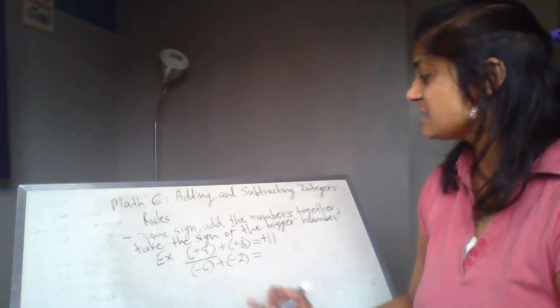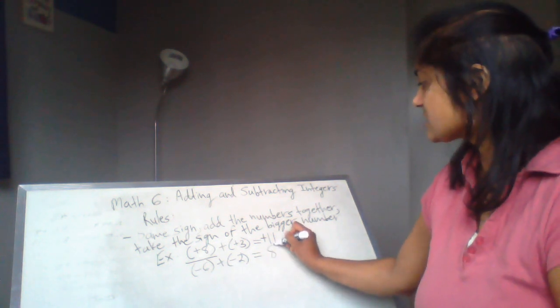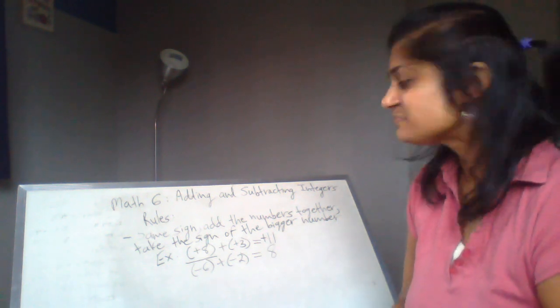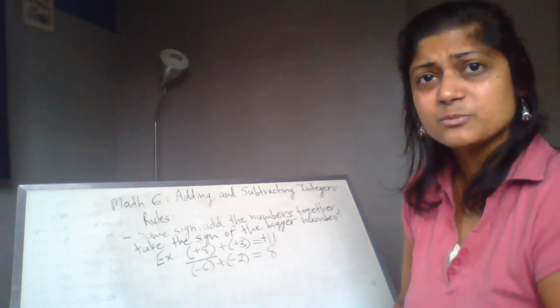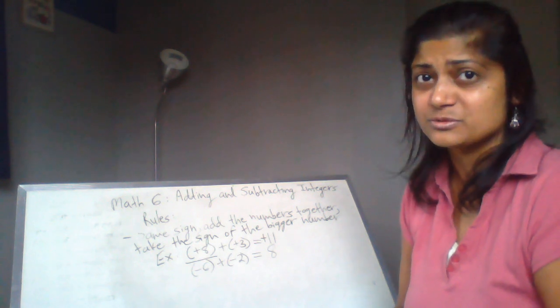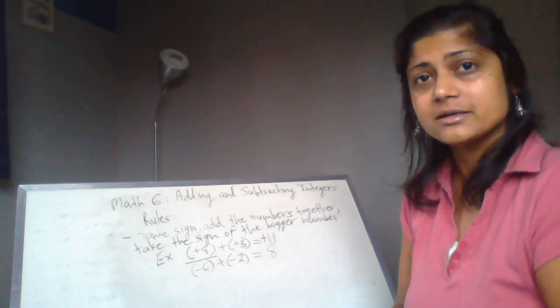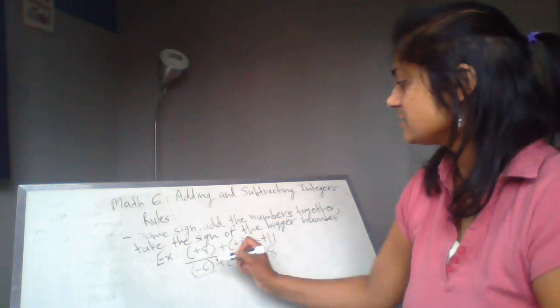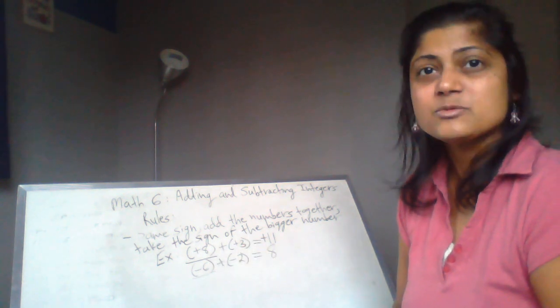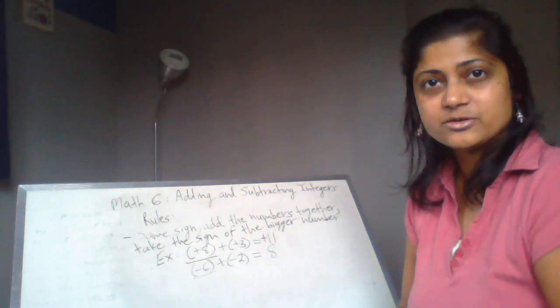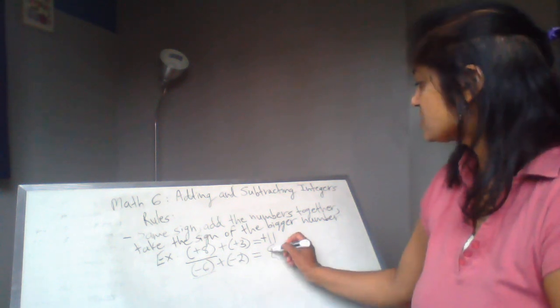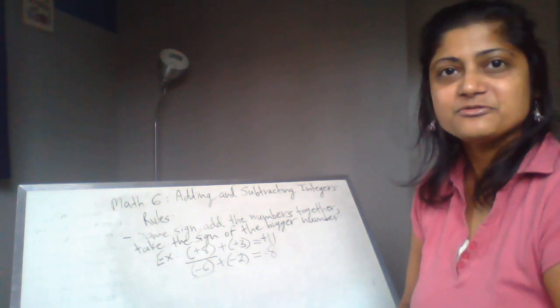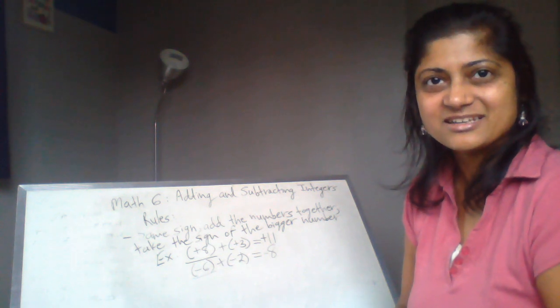So do 6 plus 2, which is 8. Now I'm going to see which number is bigger here, the 6 or the 2. Don't look at the sign. The 6 is actually bigger in value than the 2. So I'm going to take the sign of the 6, and here the 6 is negative. So the answer is going to be negative 8. Alright, just like that.